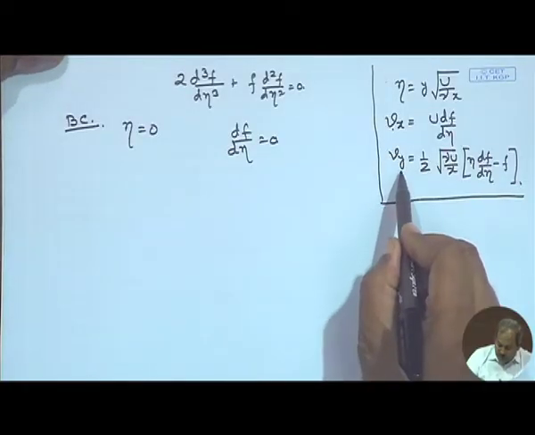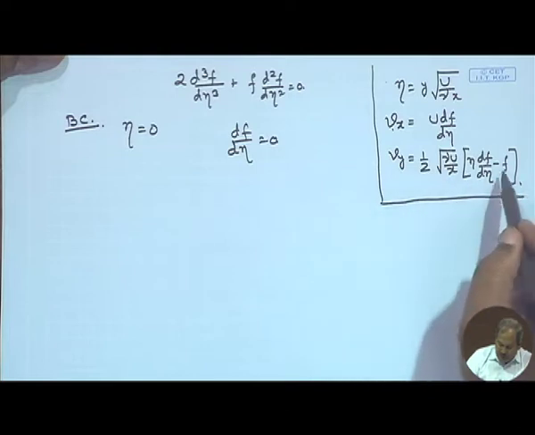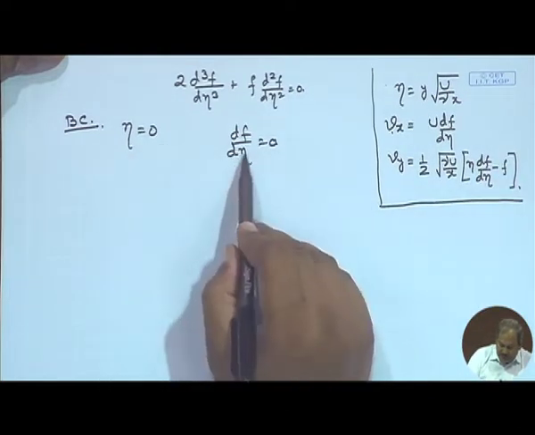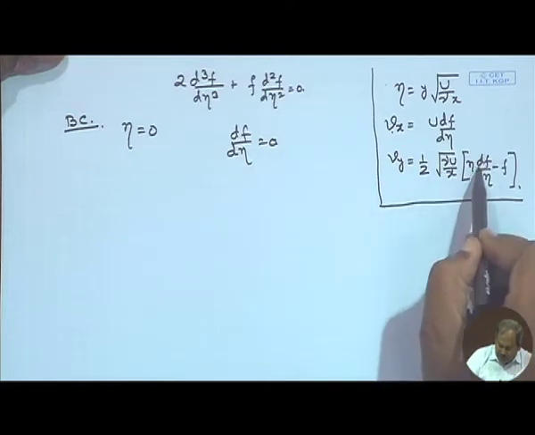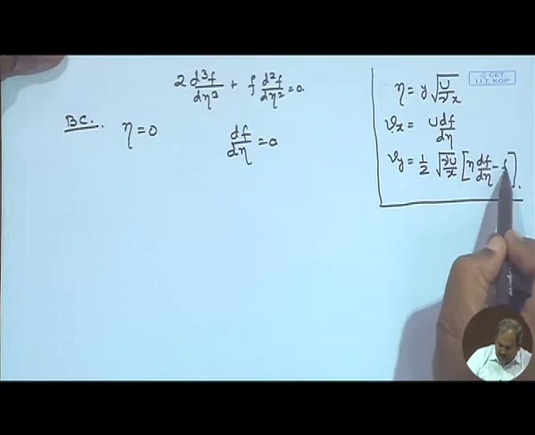At eta equals 0, that means at y equals 0, this is 0 since my Vx is 0, which I have already obtained. So for Vy to be 0, since this is 0, this term must also be 0.